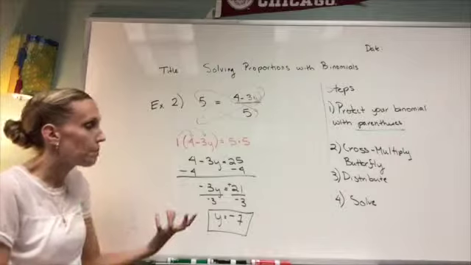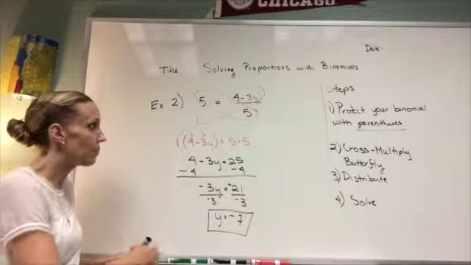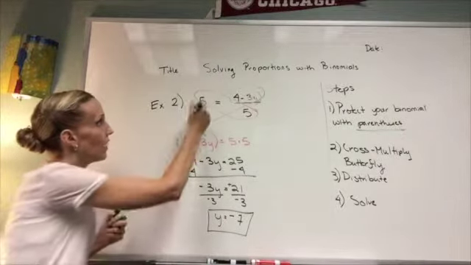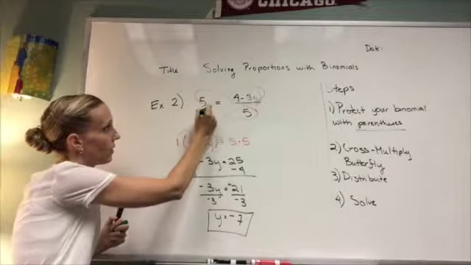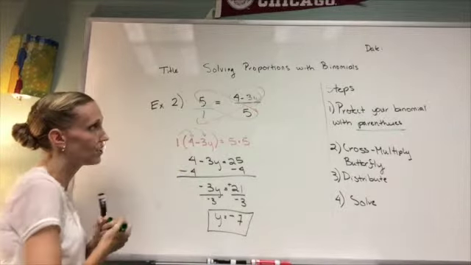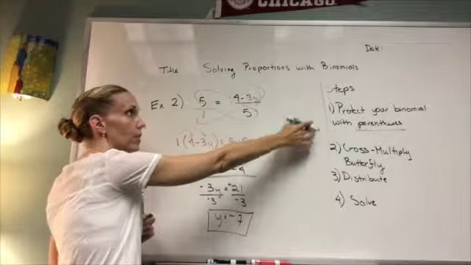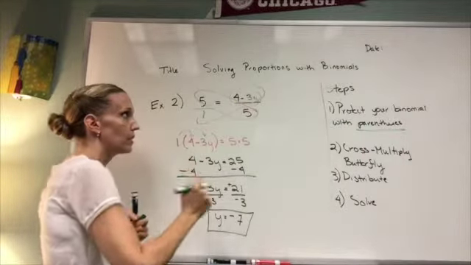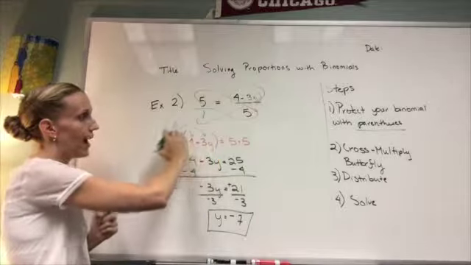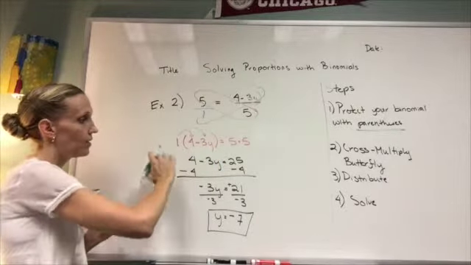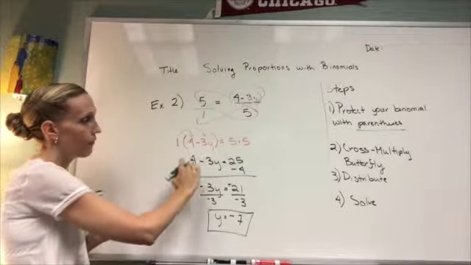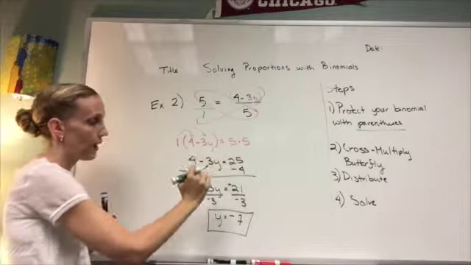So again, to review, originally we were just given this problem. But it's not a proportion, but we can make it a proportion by just putting a 1 underneath a whole number. And that allowed me to cross multiply. But first I needed to protect my binomial by putting parentheses around it so that when I cross multiplied I could distribute. I distributed the 1 and I got 4 minus 3y equals 25.